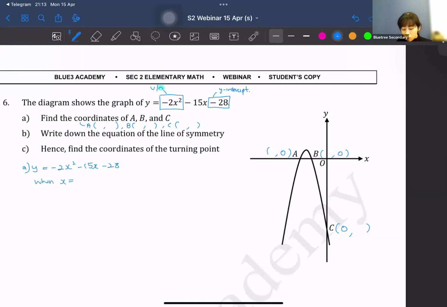When x is equals to 0, my y will essentially be equal to negative 28. Because anything multiplied by 0 will give me 0. So these two front parts will essentially just be equal to 0. Therefore, you can conclude that the coordinates of C will be 0, negative 28.